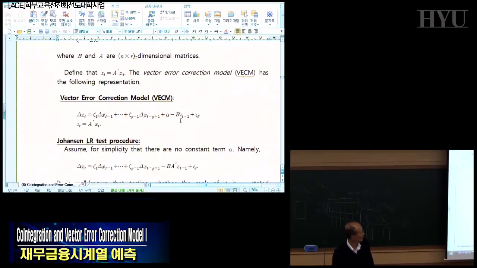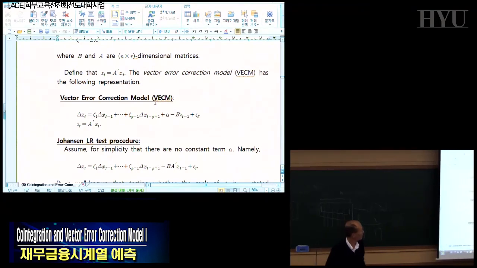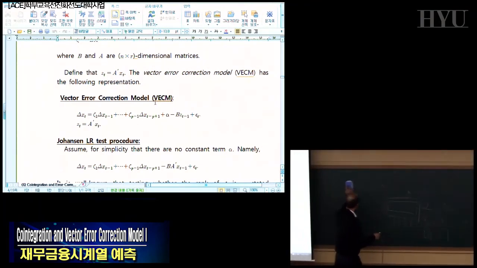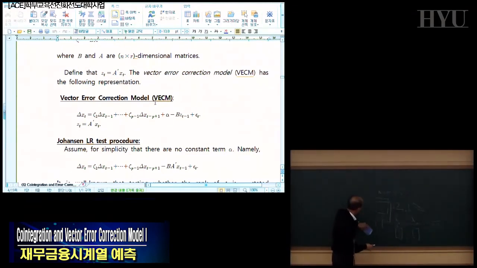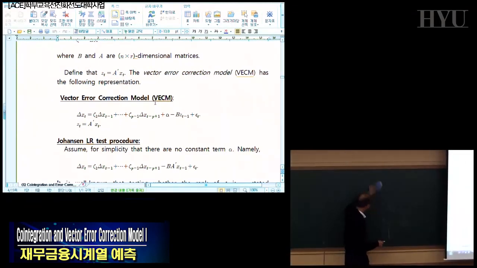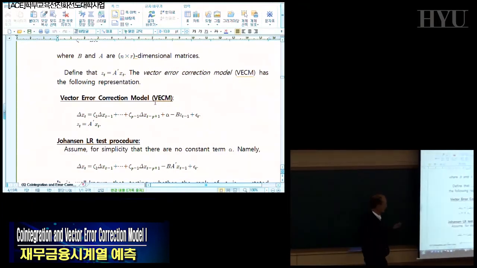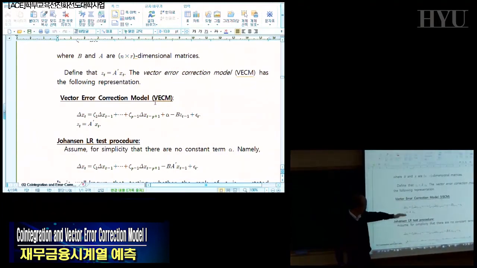Then this is the same as this one, right? And we call this one the vector error correction model. We'll get to more detail from here next time.